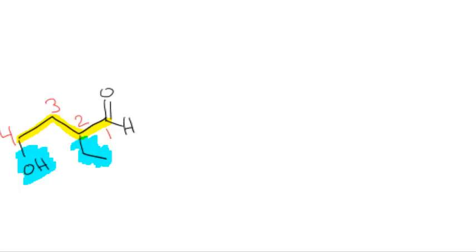In naming this compound, 4 carbons long would be a butane for an alkane. Since this is an aldehyde, we drop the E and butane becomes butanal. Again, aldehydes are terminal, so there's no need to place a 1 in front. 1 is implied.